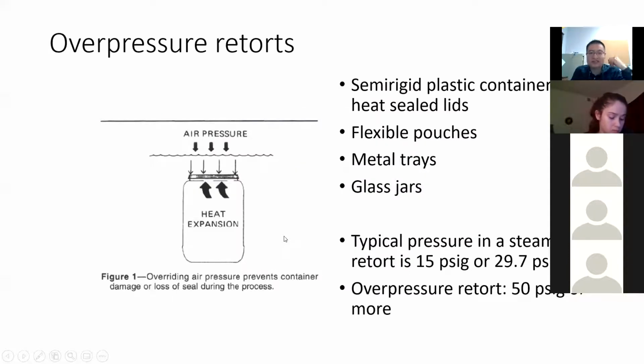And this is another type of retort. It's called the overpressure retort. It's pretty good for pouch processing, because in the overpressure retort we apply a larger amount of pressure.